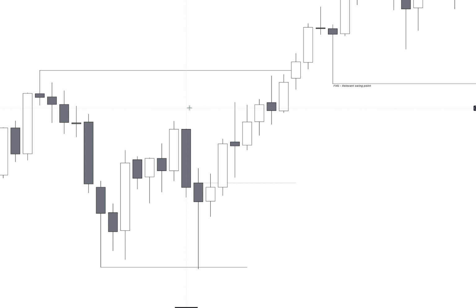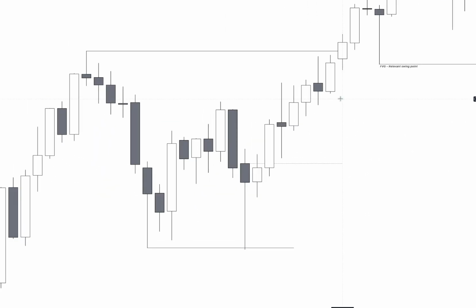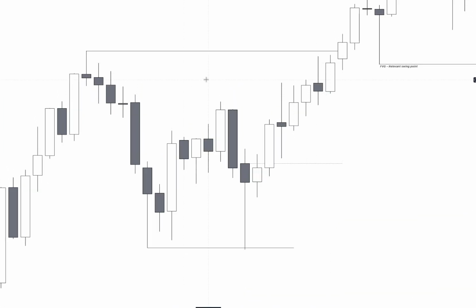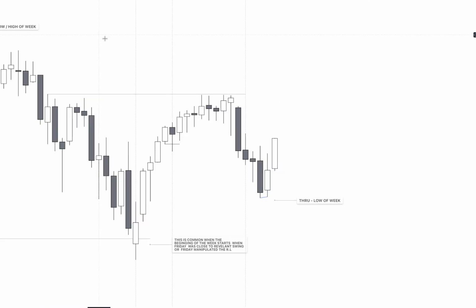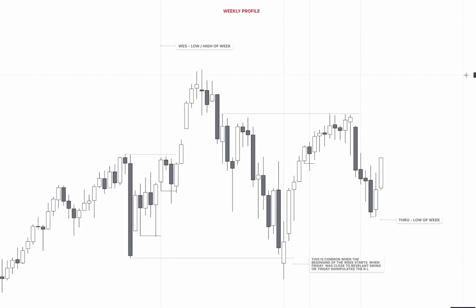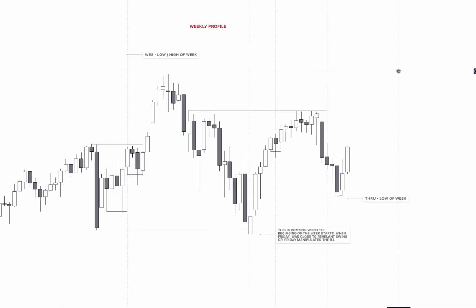The market is just retracing to create a swing point to go higher. That's one way. The other way is weekly profiles, which we don't use as much anymore. At least I don't. But this is a way to look for them.